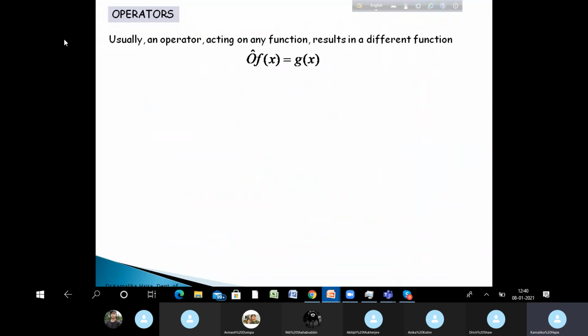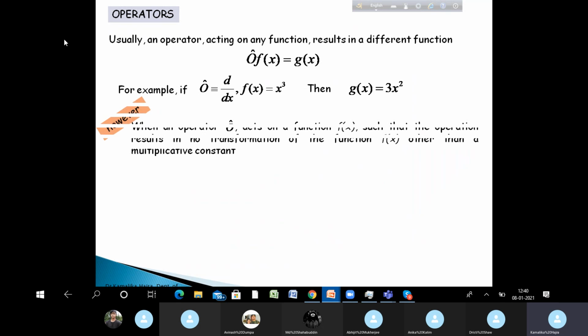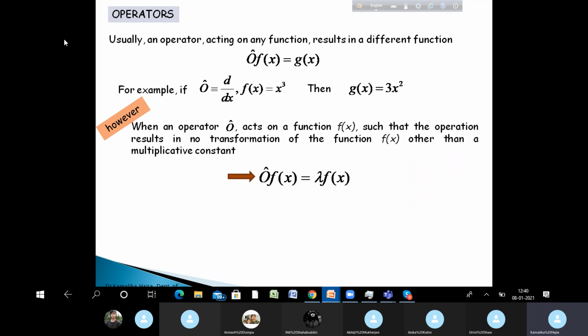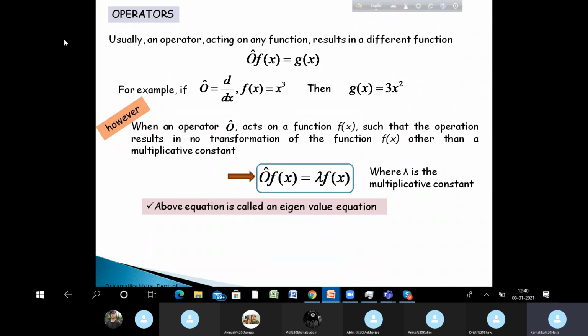As I told you, we all know what an operator is. Any operation that changes a particular function is called an operator. This is an example. We also discussed that if an operator is such that when it operates on a function, the function remains unchanged except for a multiplicative constant, then such an operation is called an eigen operation, and such an equation is called an eigenvalue equation.